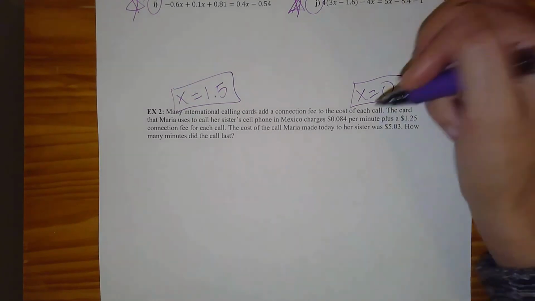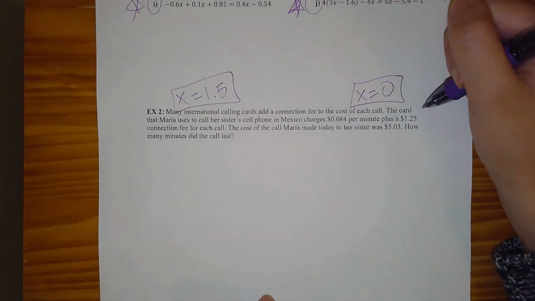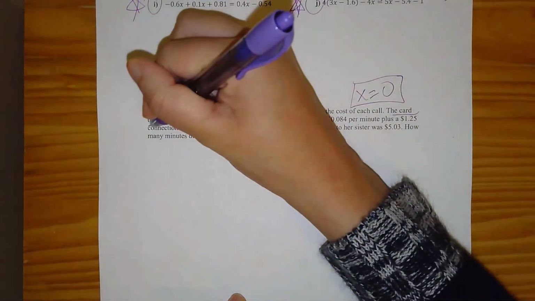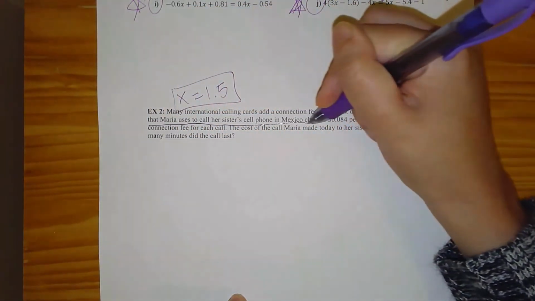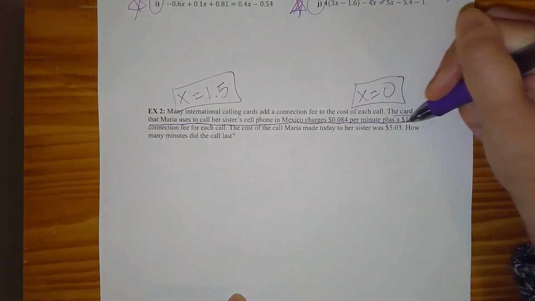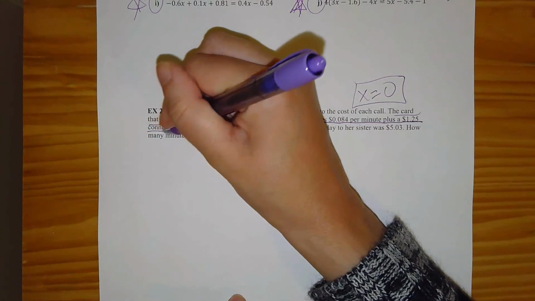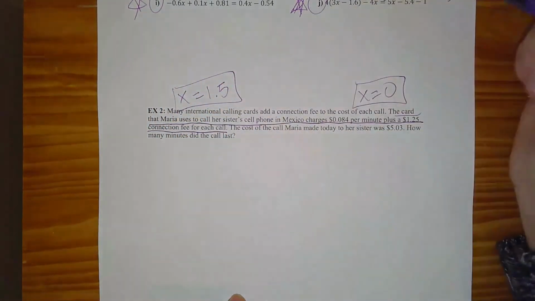All right, so I see a lot of numbers here that could help us make an equation. The card charges $0.084 per minute plus a $1.25 connection fee for each call.